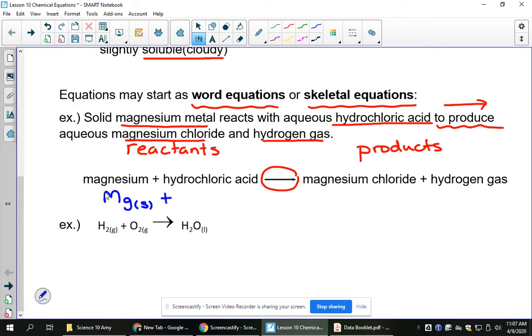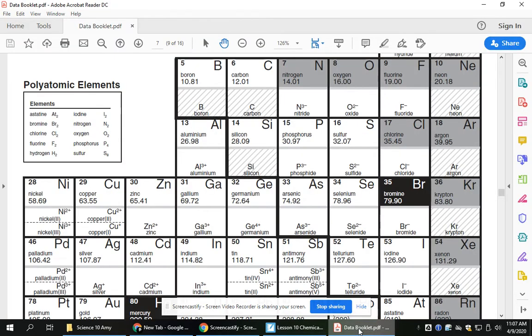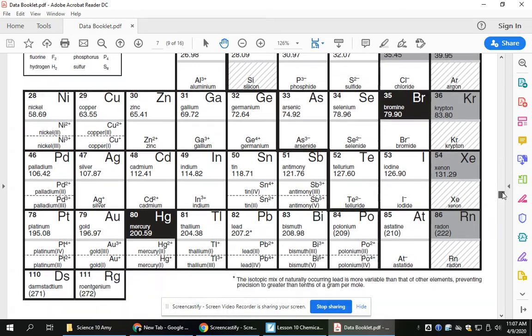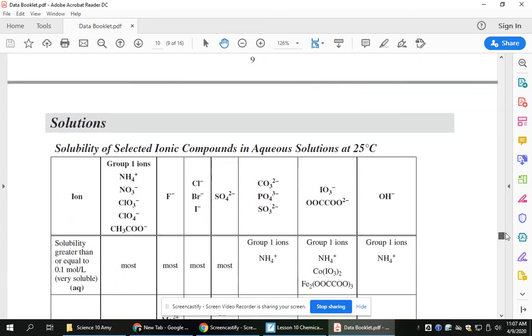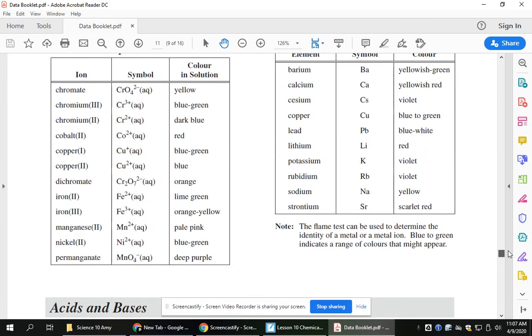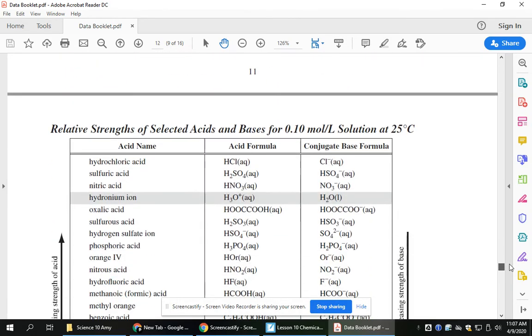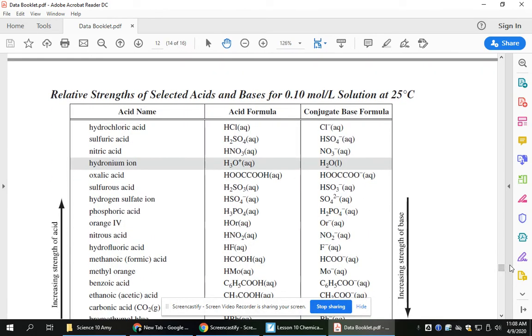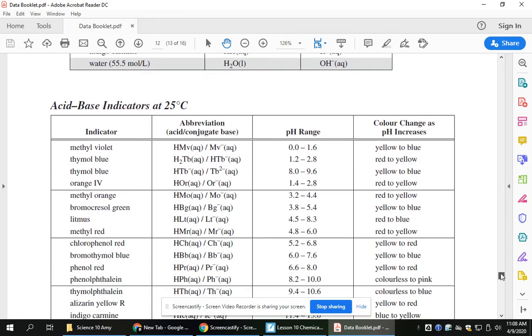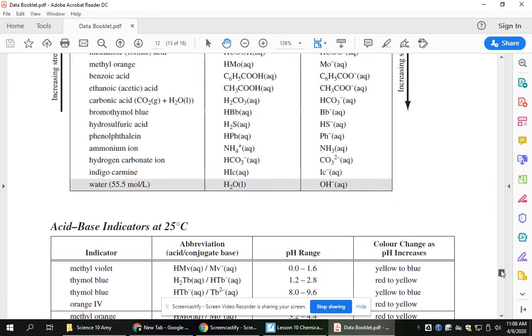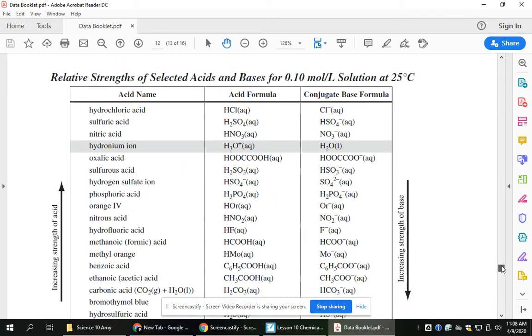Now we're adding to that hydrochloric acid. This can take some looking in the data booklet, but you do have lists of acids and other things in your data booklet. If you just keep going, here's a page of acids. This is page 12, I believe.